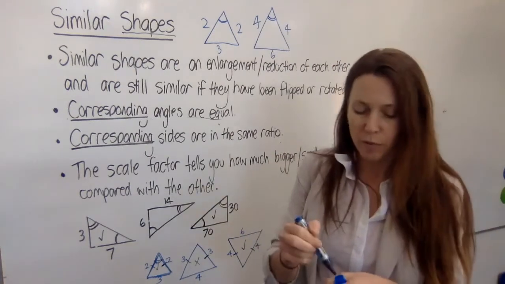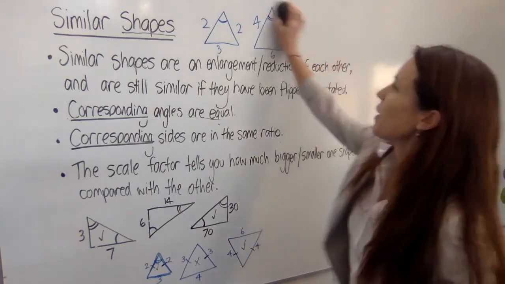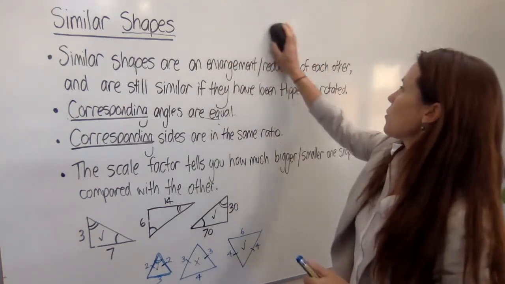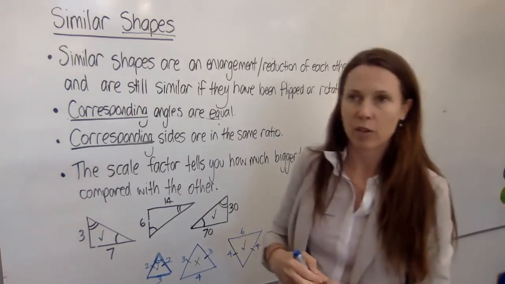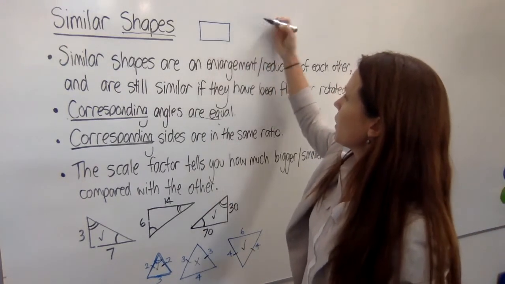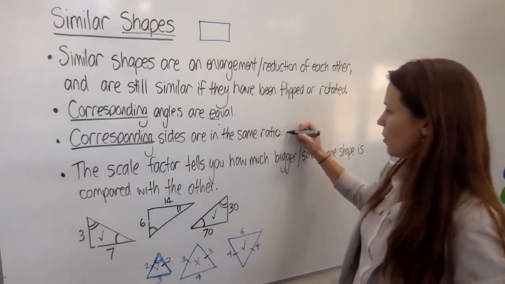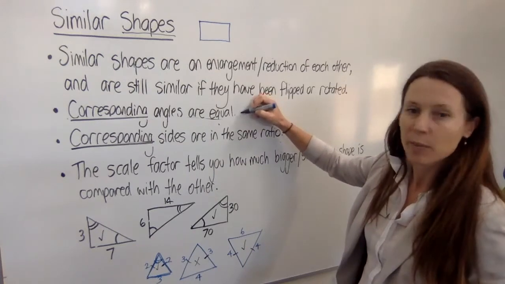That same sort of arrangement isn't always going to happen with other shapes. Imagine that you had two rectangles and you were trying to decide whether or not they were similar. Now here we just had triangles where if we knew that the sides were in the same ratio, then automatically the corresponding angles were equal.